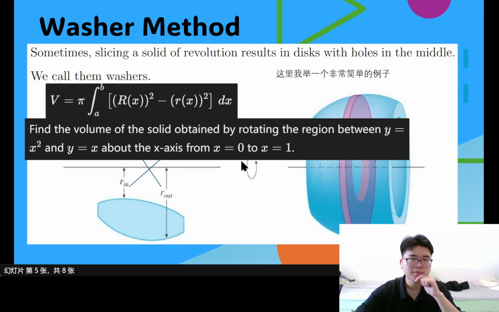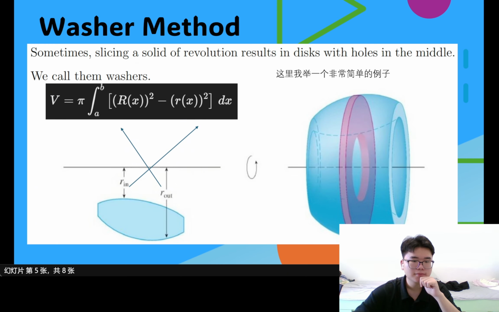And then I will show you when we rotate a region around the x-axis, the region is bounded by two functions. The resulting solid will have a hole.